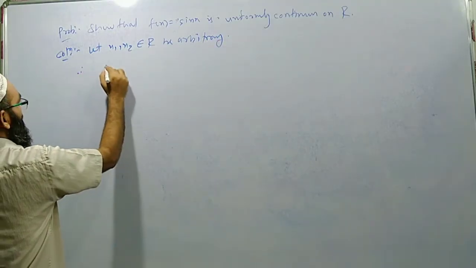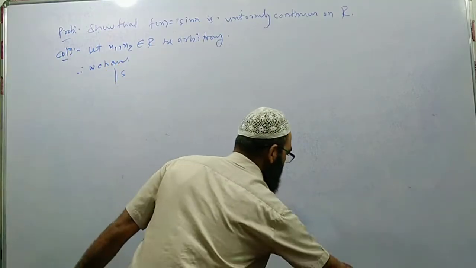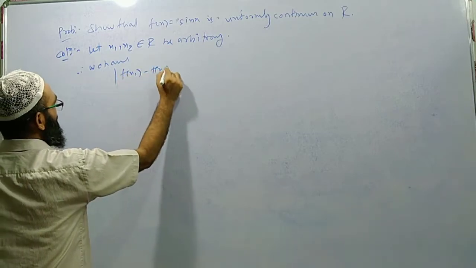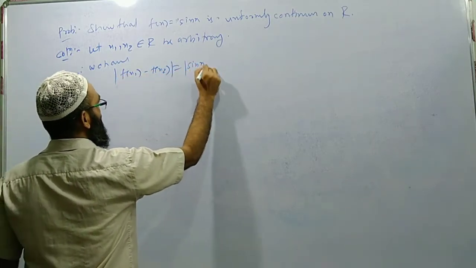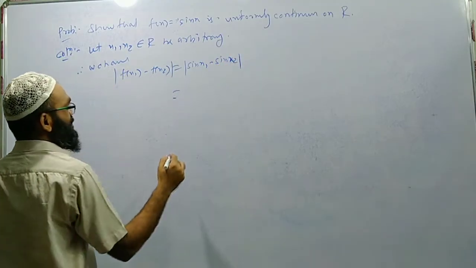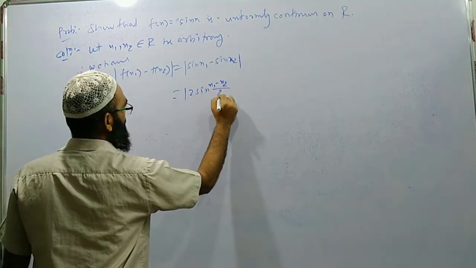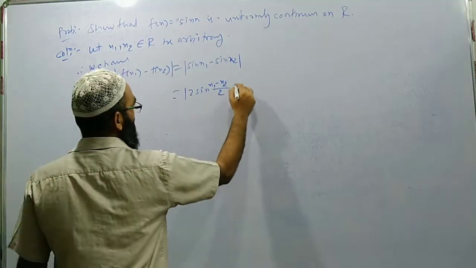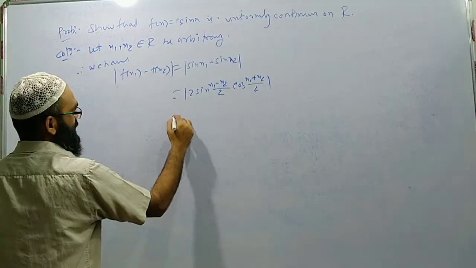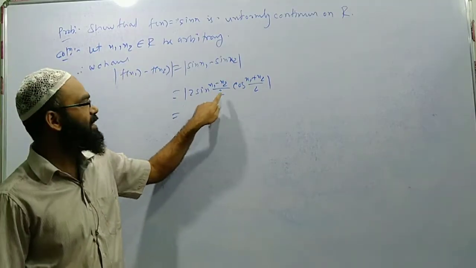Therefore, we have mod of f(x1) minus f(x2) equal to mod of sine x1 minus sine x2, equal to 2 sine of (x1 minus x2) by 2 into cos of (x1 plus x2) by 2, that is equal to modulus of 2 into modulus of this into modulus of this.